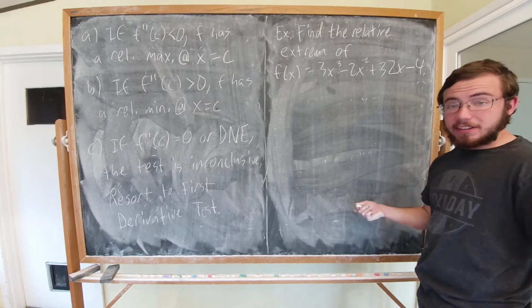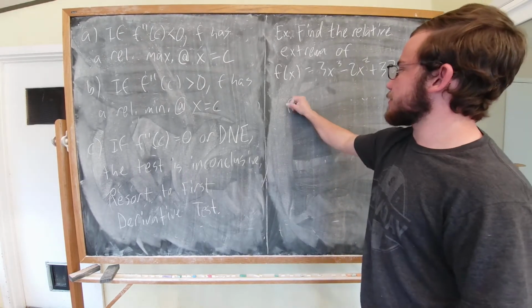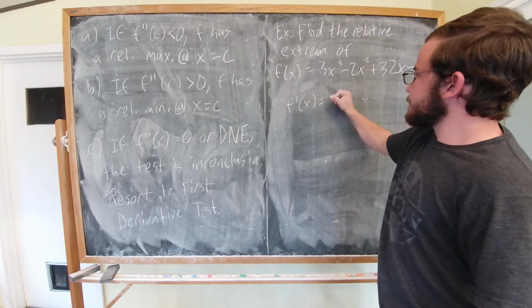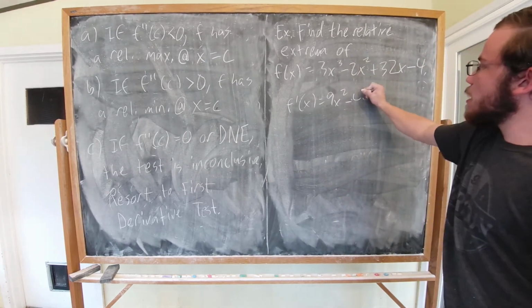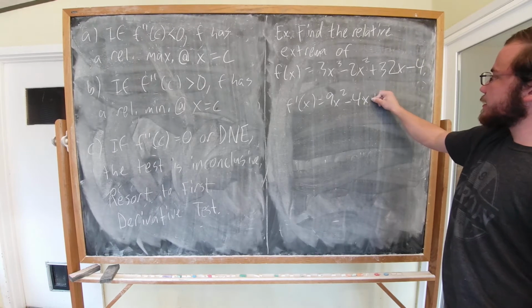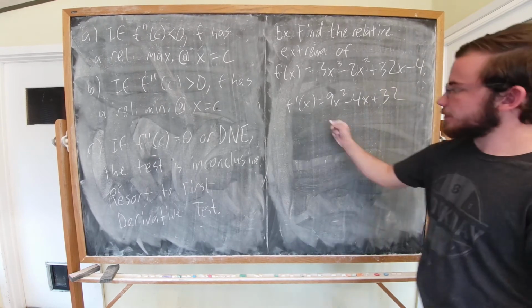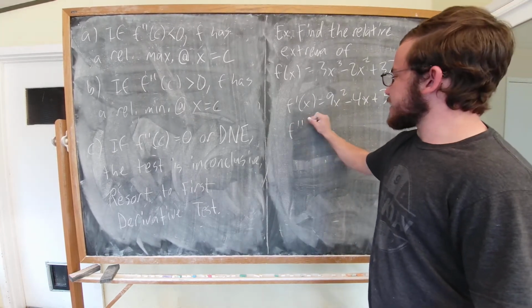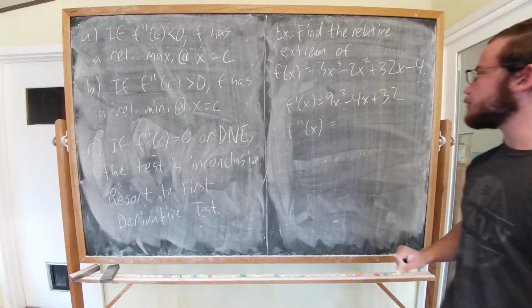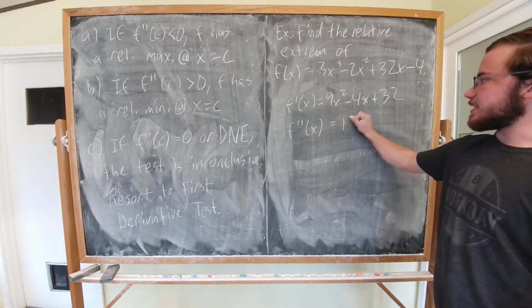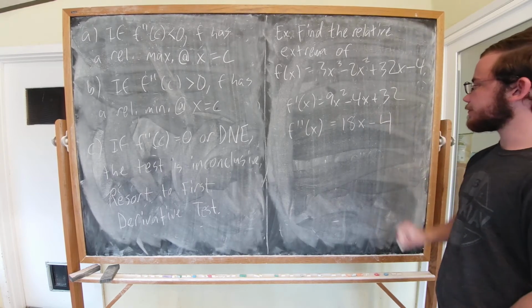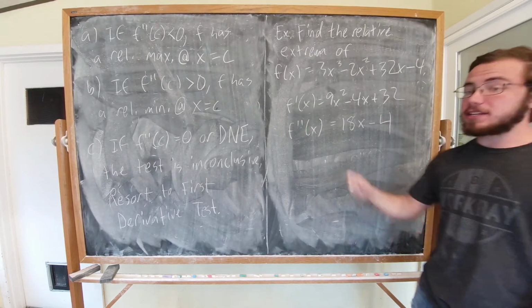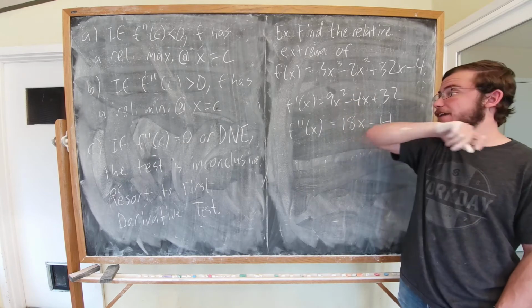Alright, step 1, let's compute the first and second derivatives. F prime of x will be 3 times 3, 9x squared minus 2 times 2, 4x plus 32. And f double prime of x will equal 18x minus 4.